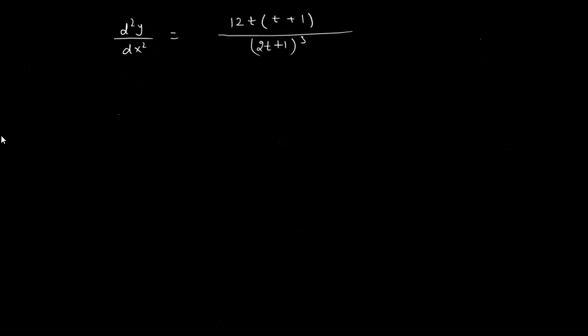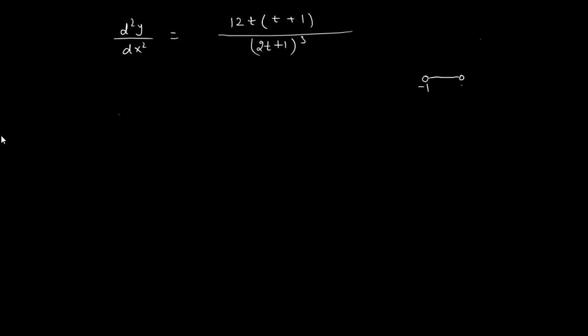Now, if we put d²y over dx² equal to 0 and set these linear factors equal to 0, we get t equals 0 or t plus 1 equals 0. Once we put t equal to 0, we get 0. Once we put t plus 1 equal to 0, we get negative 1.